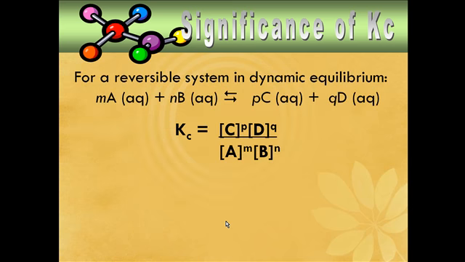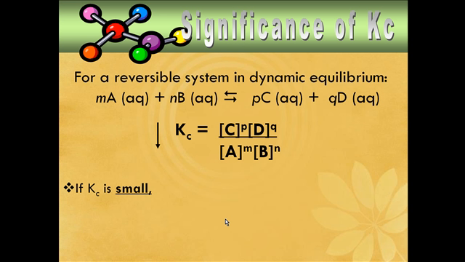Let us look at this chemical reaction. You can very easily write the Kc expression. If the Kc is small, I will indicate it over here as a downward arrow. How do you get a small Kc?